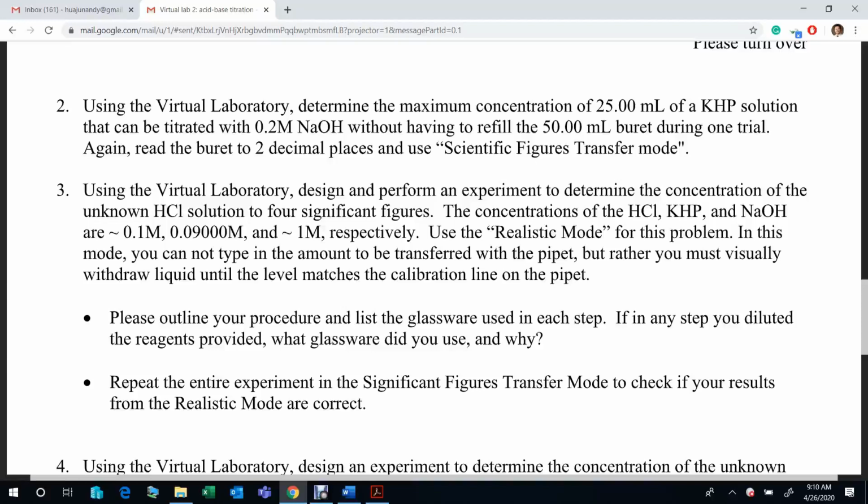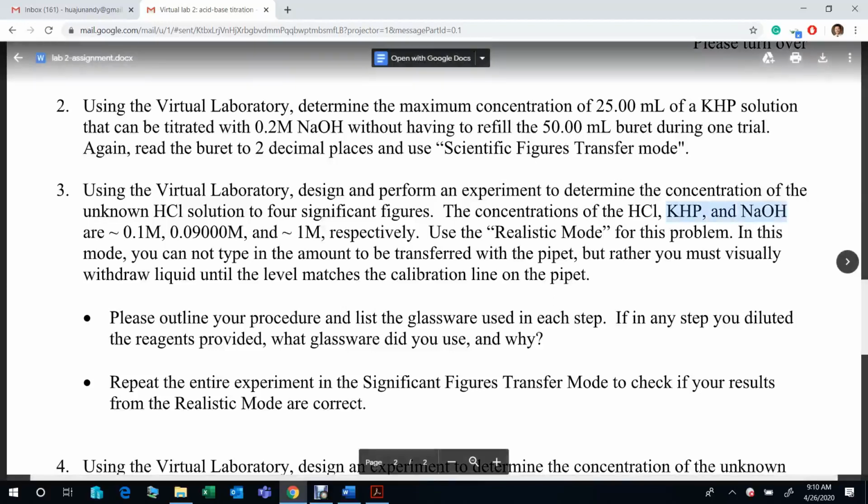So the first thing we can do is the titration between KHP and sodium hydroxide, as we discussed before for question 1. We know these two react with each other in a 1:1 ratio.